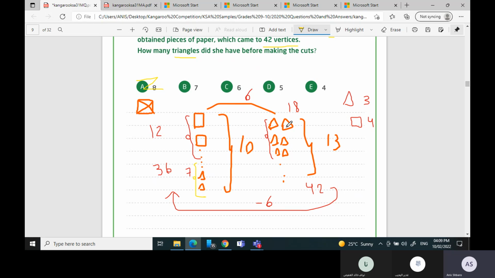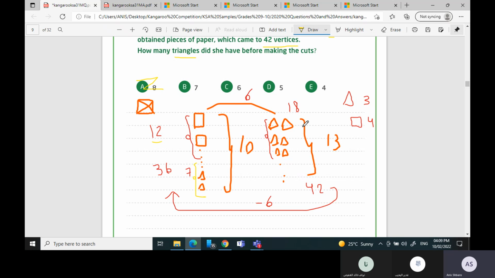I explained that we can start from here. We can see that there is an increase from 3 squares. I have 4 vertices for each square, so it's 12 in total. Now, if 3 squares are cut diagonally, I'm going to obtain 6 triangles. Each triangle has 3 vertices.